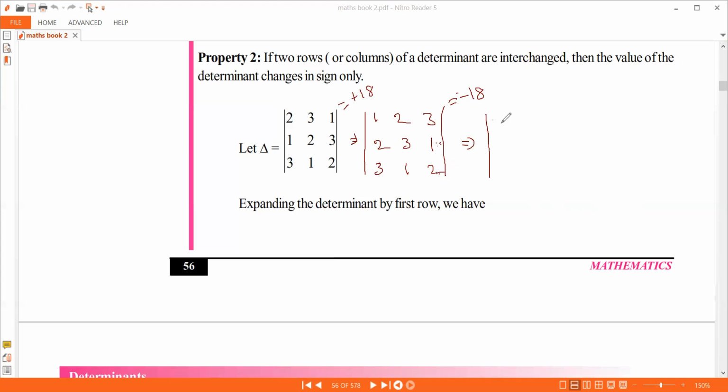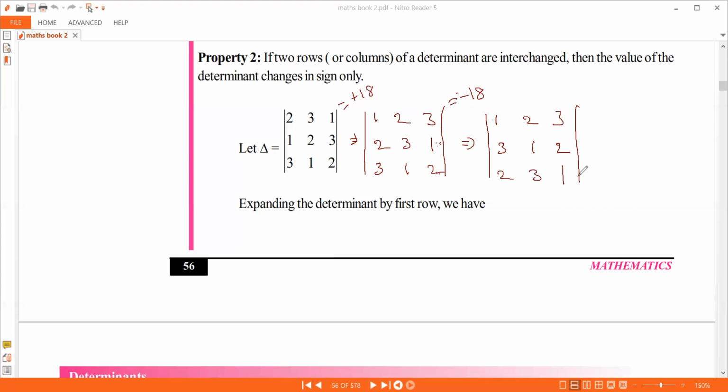Now for the new matrix: 1, 2, 3, so 3, 1, 2, and 2, 3, 1. This one you try.